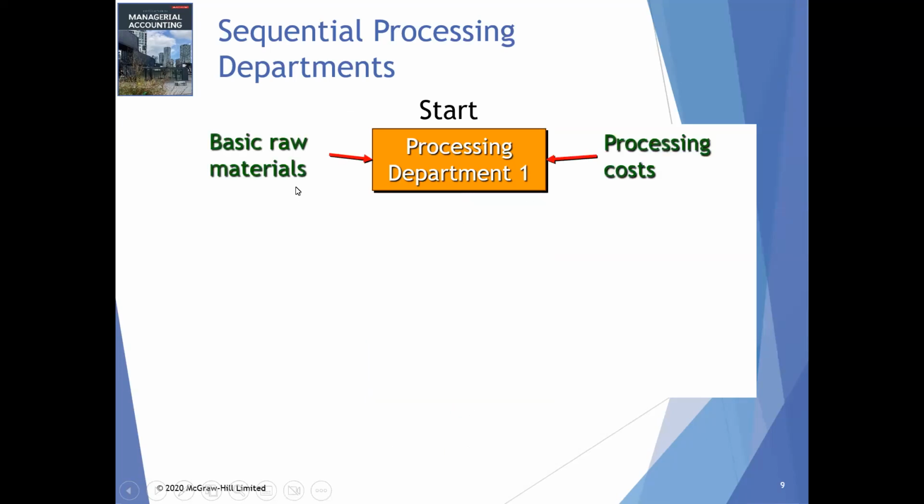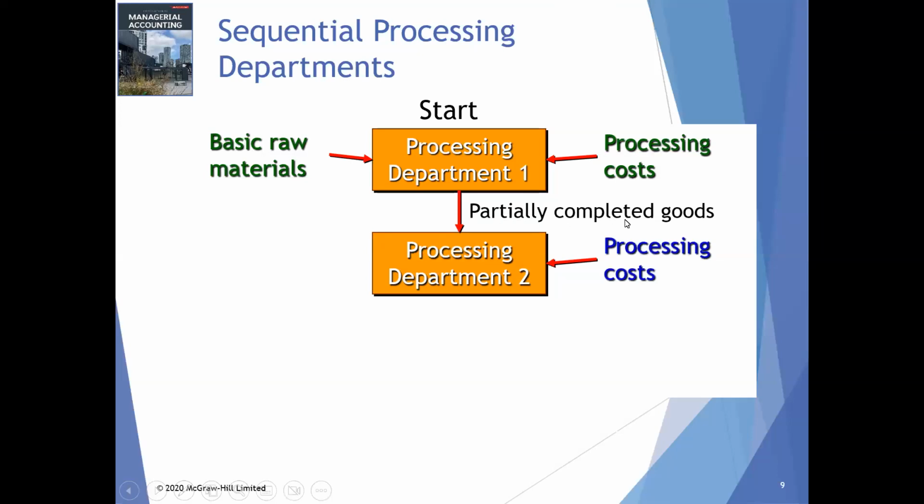Now look at this. Processing basic raw material that we put in the first department, for example, the processing department number 1. So we will calculate the processing cost. Then partially completed goods will be shifted from this department to another department, to do another process, right? So that is a different department.